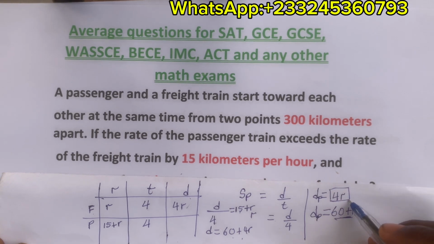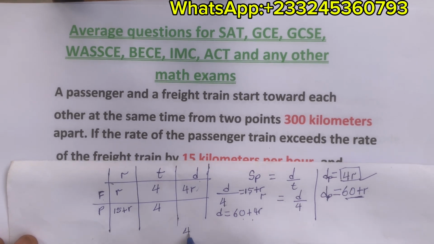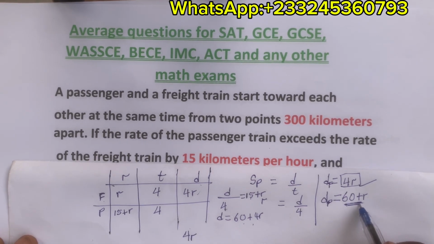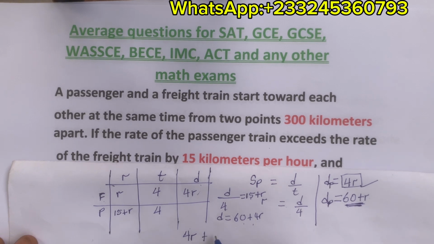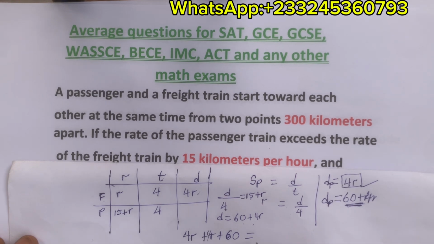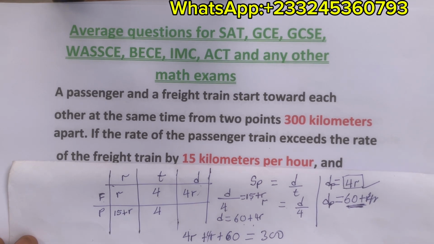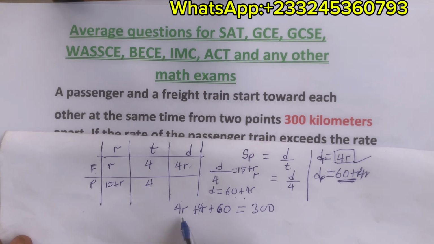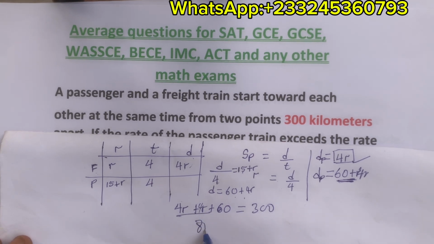So if the freight train covers 4R of the distance, and the passenger train covers 4R plus 60, then it's going to give us the 300 that we're looking for. We have 8R plus 60 equals 300. We take 60 from this to get 240.